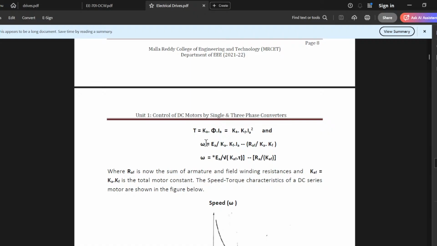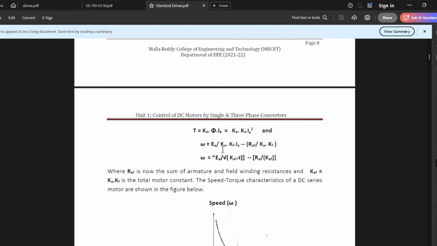Oh yes, we need the torque speed equations now. So torque upon IA is this value. Okay, so it will become EA upon IA upon torque.